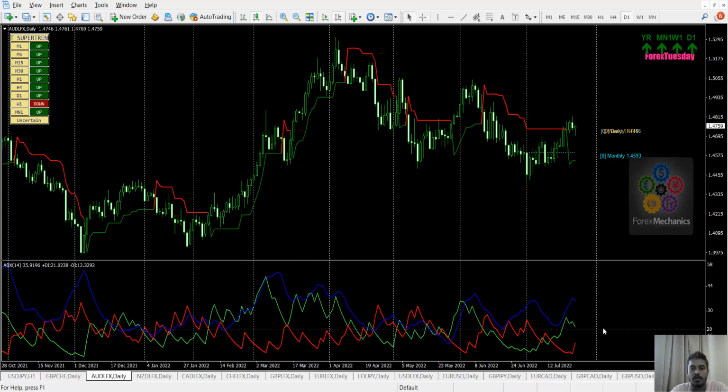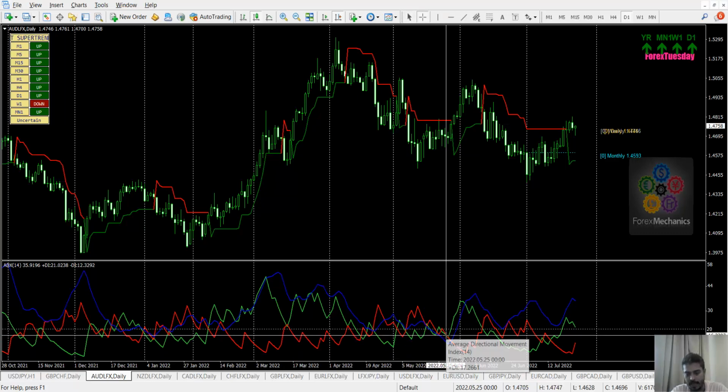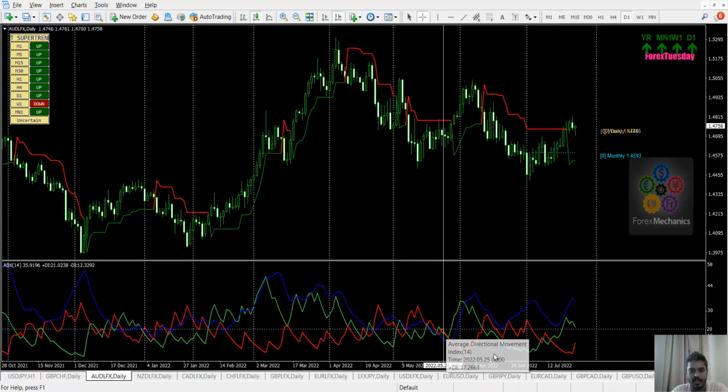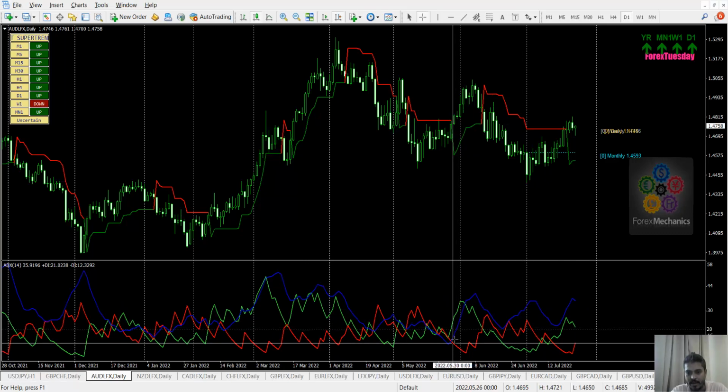Now, what most traders do is that they use 20 as a threshold level. You can either use 20 or 25. I am using 20 in this case, and a typical strategy that you've always heard is that you take positions, irrespective of whether you're going long or short, whenever you see the ADX crossing the 20 and it is rising.